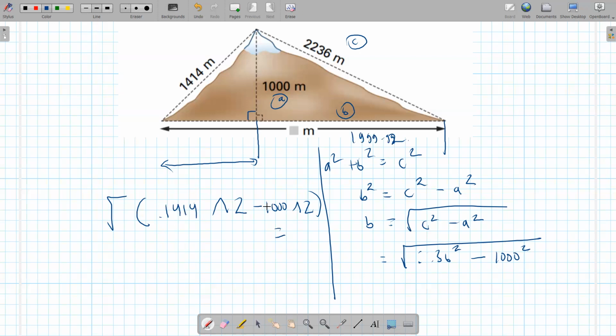So 1414 squared minus 1000 squared, the square root of that. It's 999.7. Now we just add this with this, and that's the final answer.